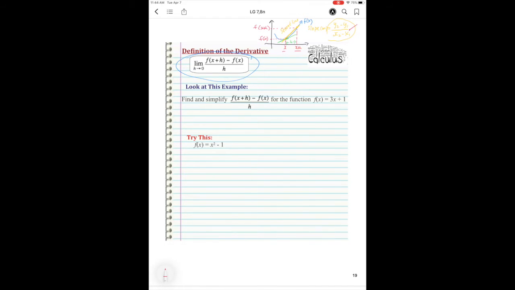So I'm just going to rewrite this as f of x plus h take away f of x, so our y2, y1, all over x2, which is this guy here, x plus h, take away this x. Okay, so now we are looking more and more like the definition.